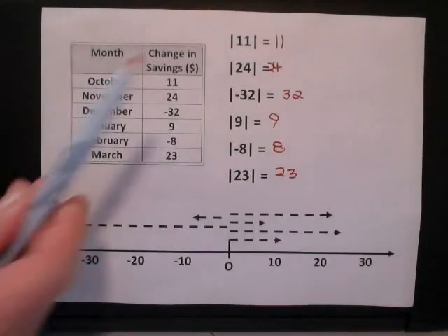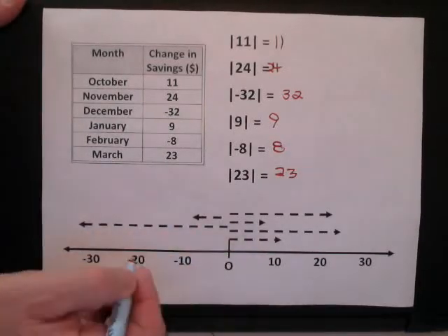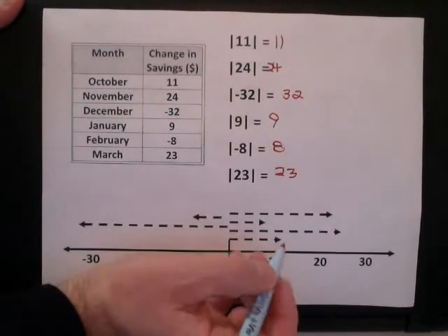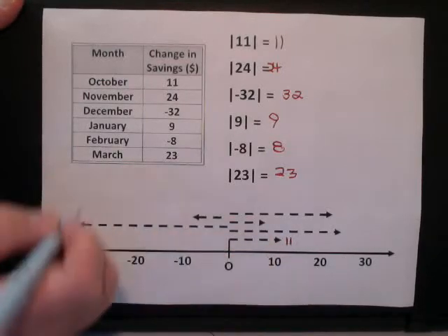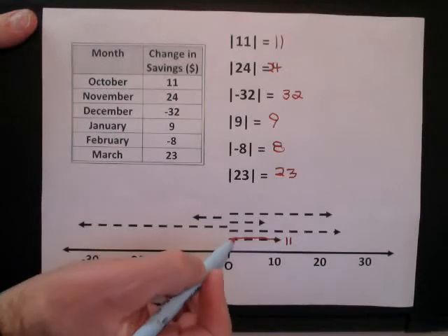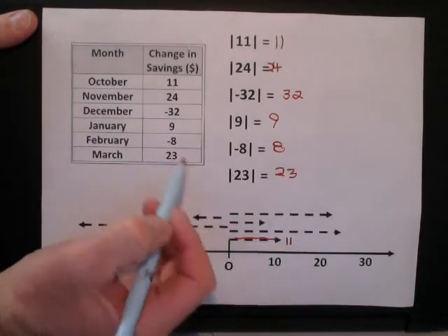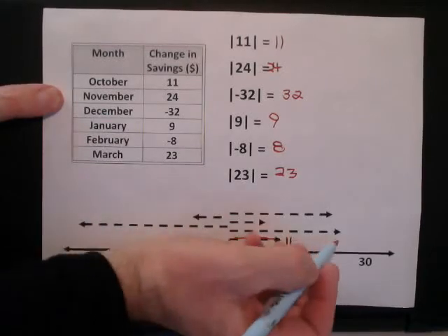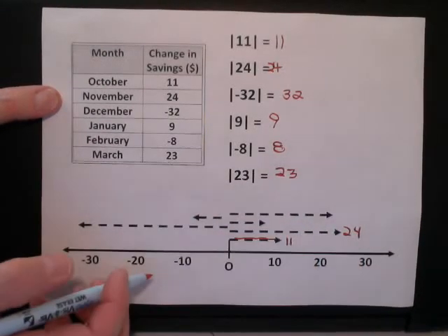Okay? So now we have our absolute values, and we can actually look on a number line here and say, okay, on a number line, what would this look like? Well, down here, we have an absolute value for October. October's line would be there, okay? And then when we look at November, November's value would be right here, okay?